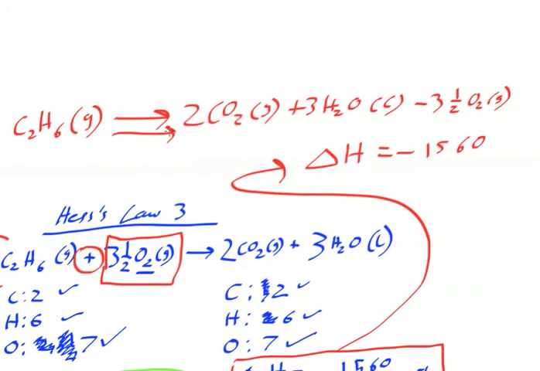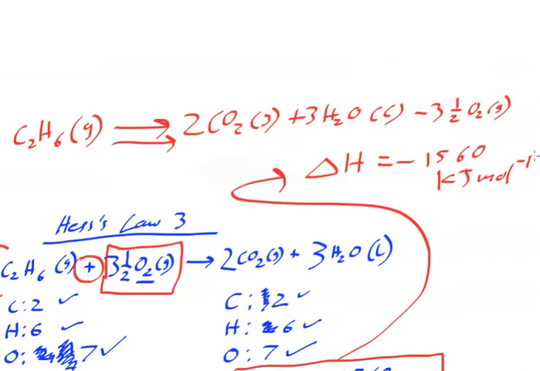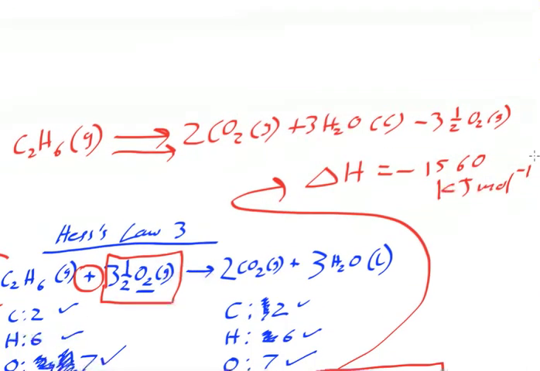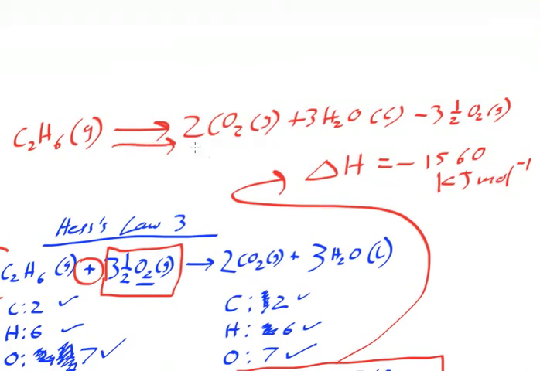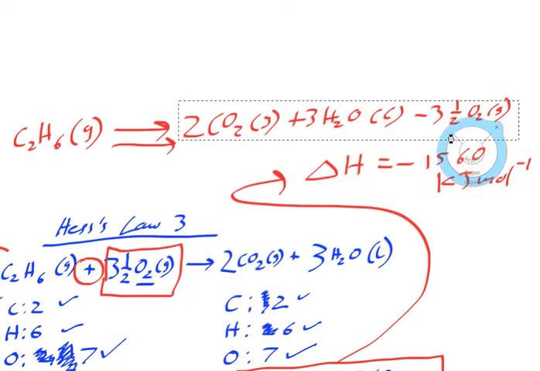Let's just quickly put in the kilojoules per mole. So we're very close to the final answer here. We're just a little bit away from it. All I need to do is flip this round. So what I'm going to do is put the 2 CO2 plus the 3 H2O minus the 3.5 O2 onto the left hand side.